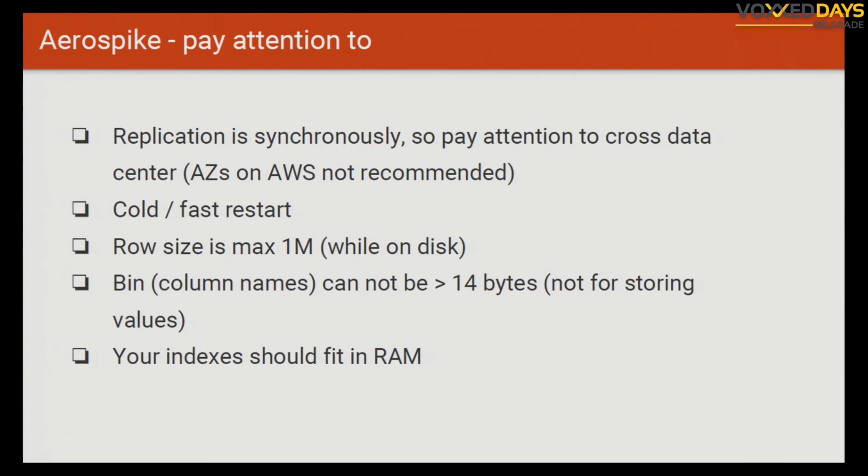You might have some network partition because with the big latency, the nodes will not find each other. In our case, it's not recommended even on different availability zones on AWS.